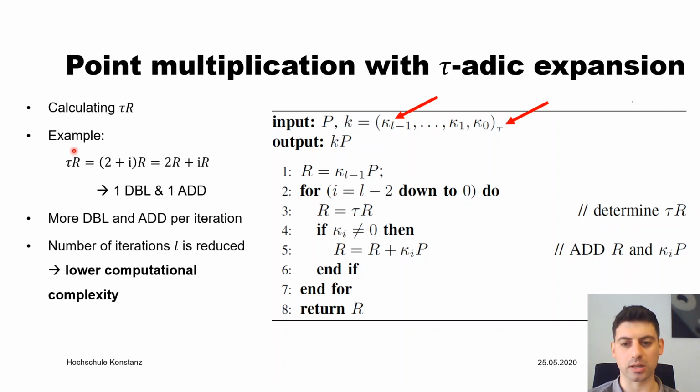For instance, we need one double and one add operation to calculate this product for tau equal to 2 plus i. Hence, each iteration requires more point operations. However, the number of iterations L is reduced and we have lower calculating time for Gaussian integers. But an attacker can detect all digits with kappa i equal to 0, where the point addition operation is skipped.